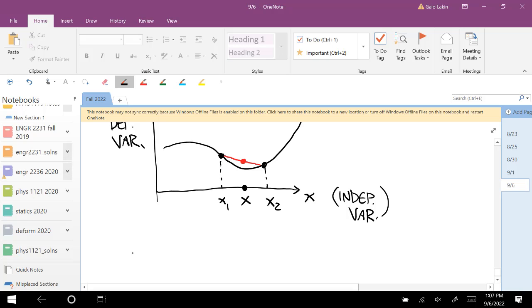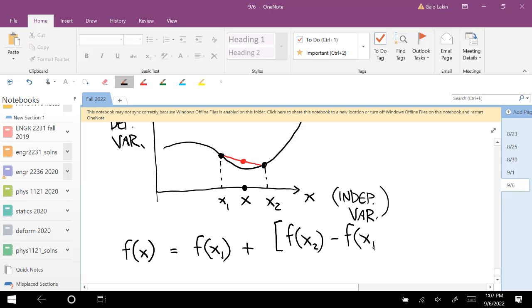So the way this works is the function at x that we're trying to approximate is equal to the function at x1 plus the function at x2 minus the function at x1 divided by x2 minus x1. And then last, multiplied by x minus x1.